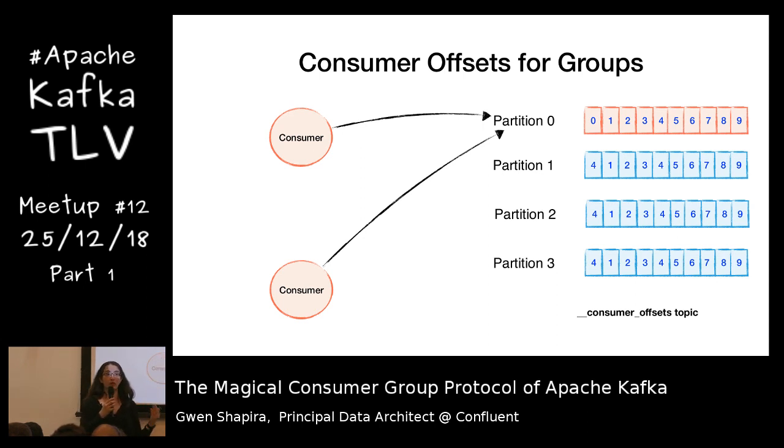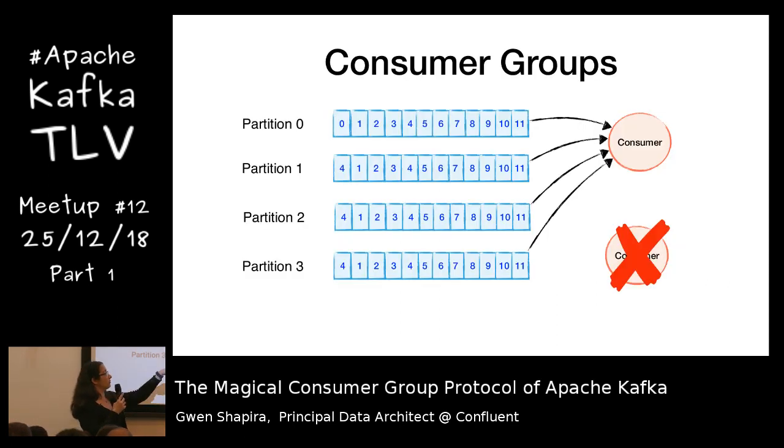This is important because when I come back up, if I have tons of consumer groups, I don't want to look through the offsets for every single consumer group. In Kafka, this allows me to just read a single partition. By default, Kafka has 50 partitions in the consumer offset topic, which allows you to support a fairly large number of consumer groups. Next.